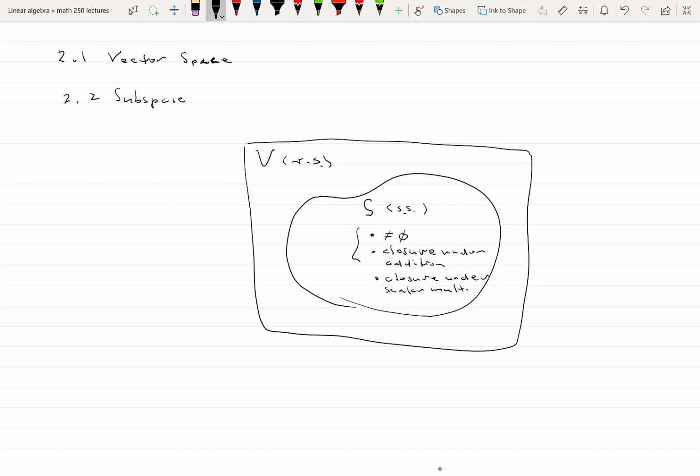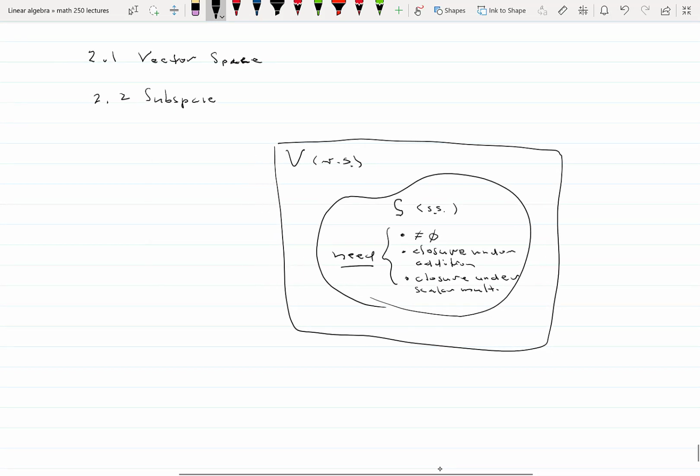We determined that if we have those three things happening, then the subset of the vector space V definitely is a subspace. That is, it is itself a vector space under the operations from V of addition and scalar multiplication.